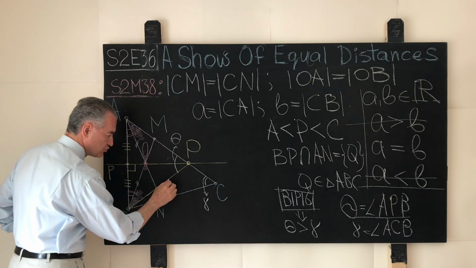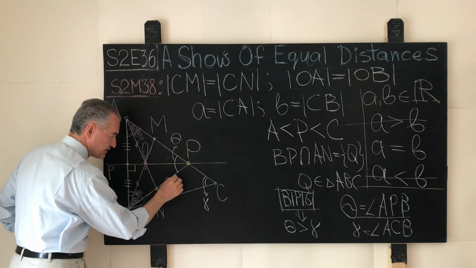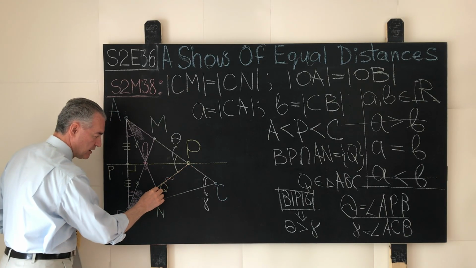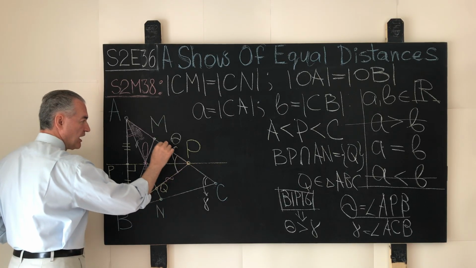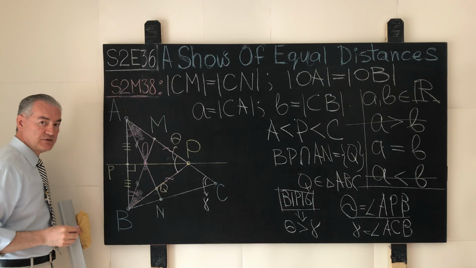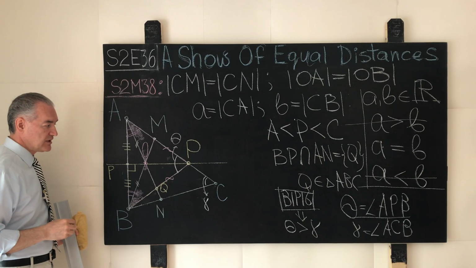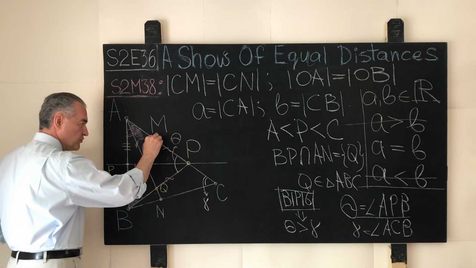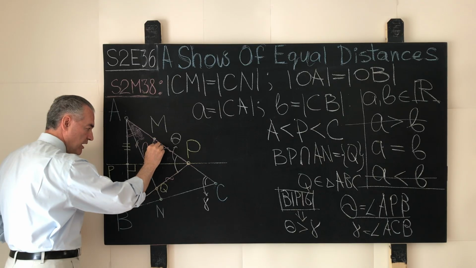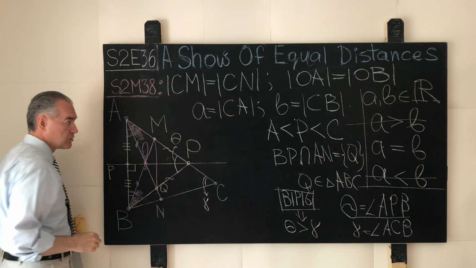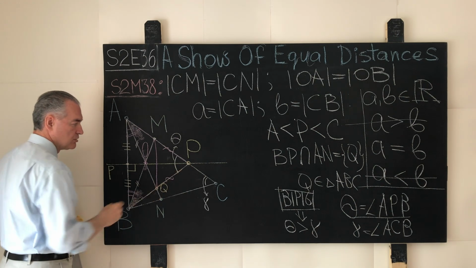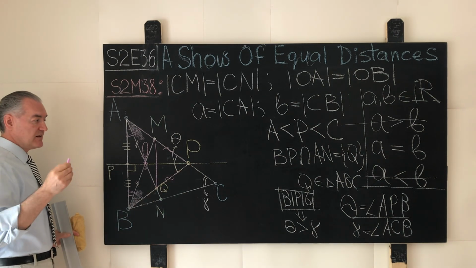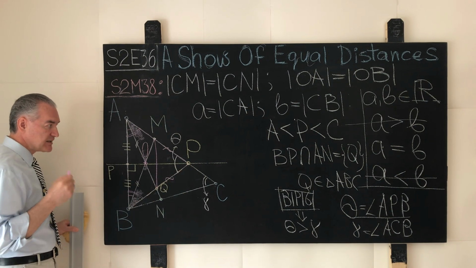In other words, we just proved that this distance right here, PQ, and this distance right here, PM, is one and the same. And that means that if we connect the points M and Q like so, the triangle MPQ will be isosceles.